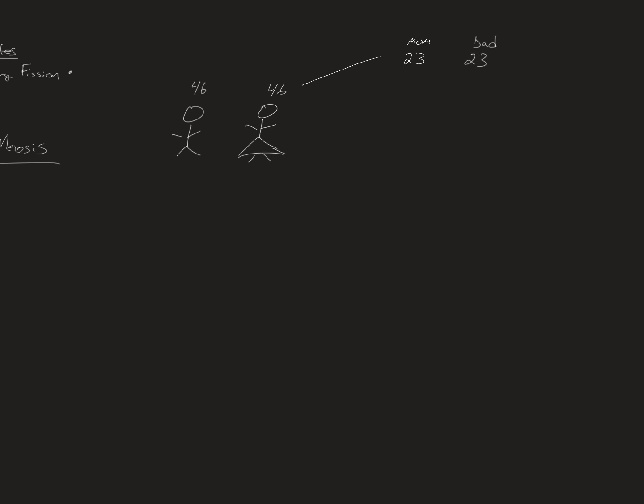That means half. So they got chromosome number 1 and 2 and 3 and 4 and 5 and 6 and 7 and 8 and 9 and 10 and 11 and 12 and 13 and 14 and 15 and 16 and 17 and 18 and 19 and 20 and 21 and 22 and 23. The 23rd chromosome is a sex chromosome.